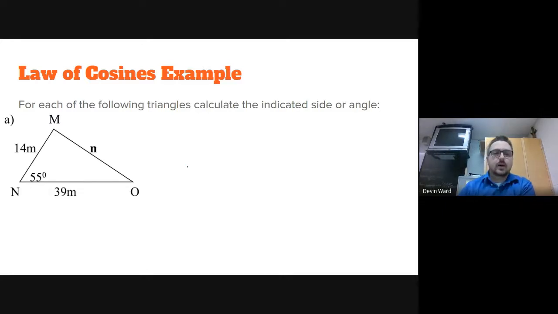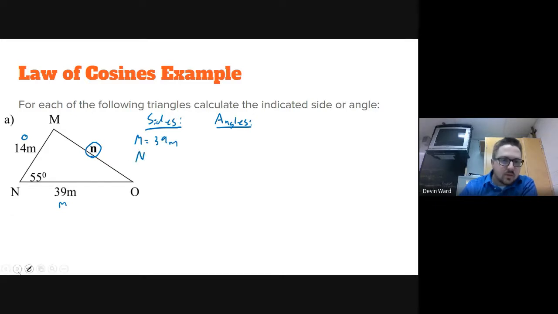So we want to find n, the one that's bolded. So let's go like we were doing yesterday. We have our sides and we have our angles. Our sides: little n is across from capital N. This is big M here, that's our M, so that must be our O opposite there.